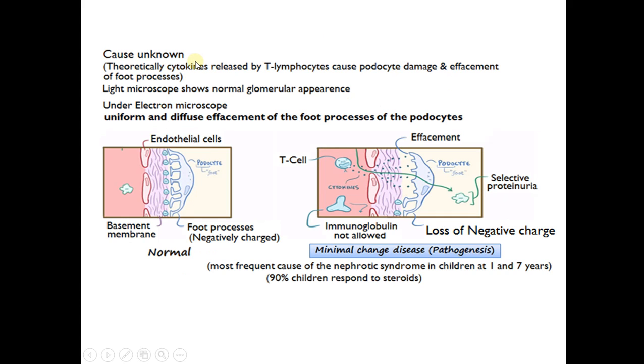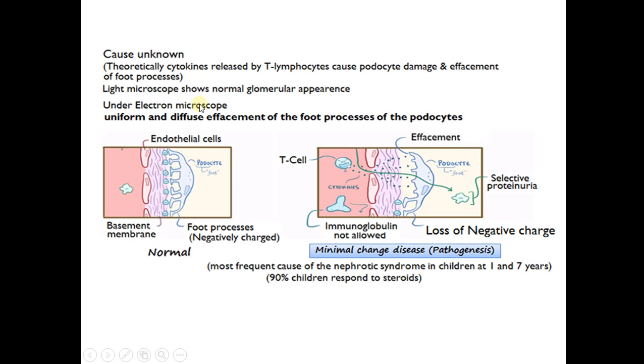The exact cause of minimal change disease is unknown, but it is said that certain cytokines and factors that are released by the T lymphocytes cause damage to the podocytes, and these podocyte processes undergo effacement. Under the light microscope, in minimal change disease, the appearance of the glomerulus is completely normal.